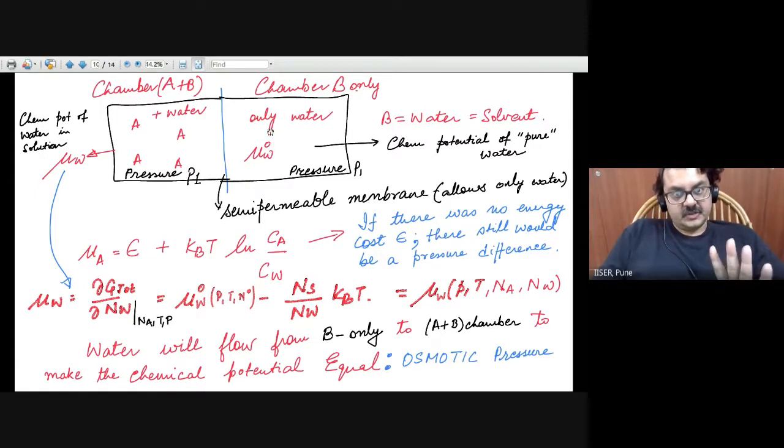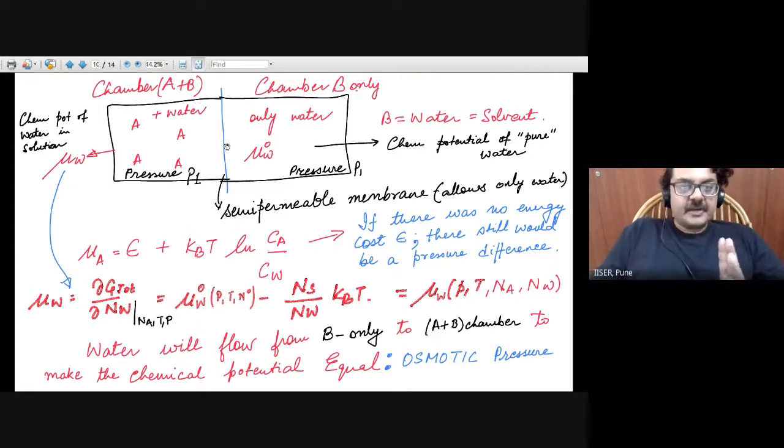There are no solute particles here, whereas here it is chemical potential mu_W without the 0, because there are solute particles also here. So the chemical potential for water here is mu_W, here it is mu_W^0, right? And we already calculated that this is less than this value. By how much? By this amount.